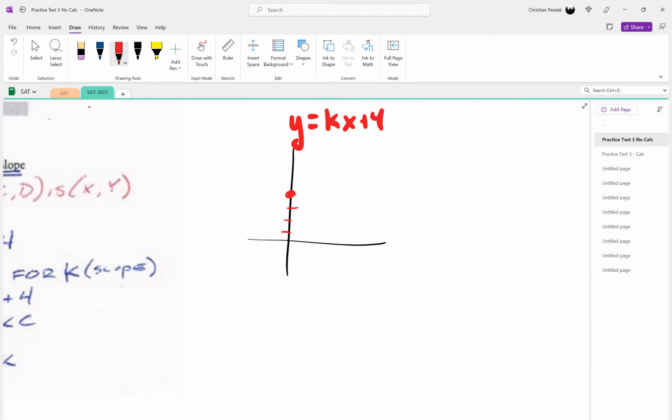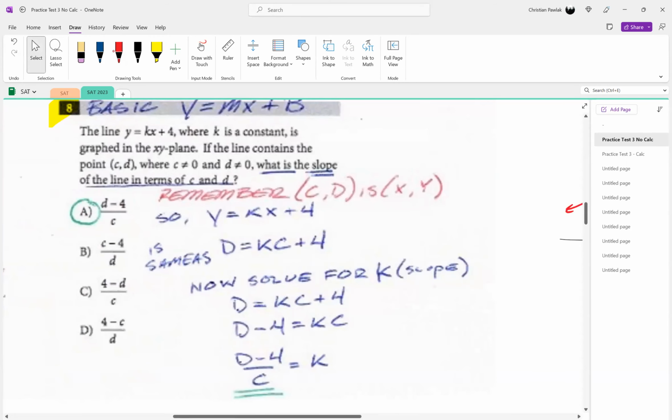Now, you don't know anything else about this graph, but you do know one thing. It has to go through some random point C comma D. So I'm just going to graph some random point C comma D, and I'm going to draw a line that goes through it, okay? So as far as that goes, the question then comes down to, what is the slope?